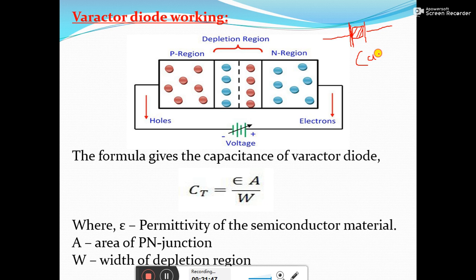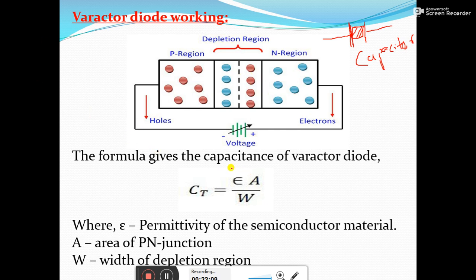As we know, a capacitor consists of two parallel conducting plates. They are separated by an insulating medium called dielectric. This structure looks the same.